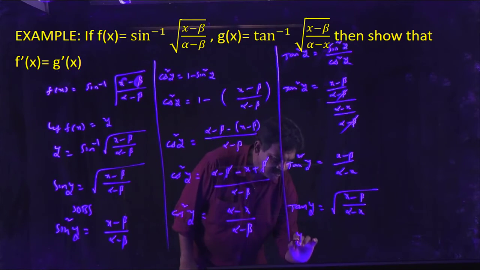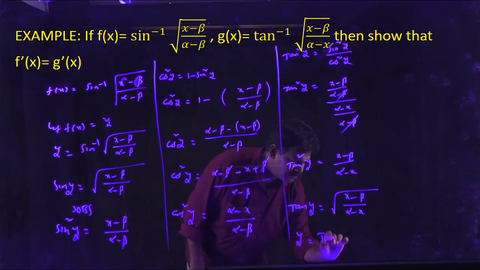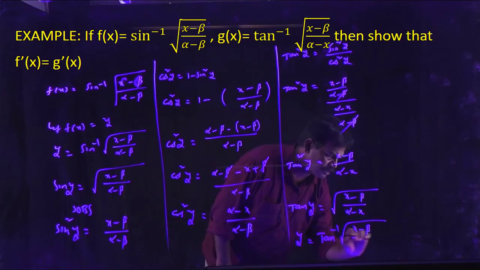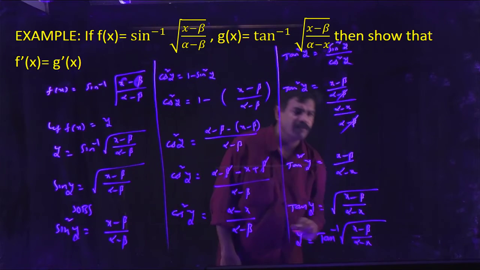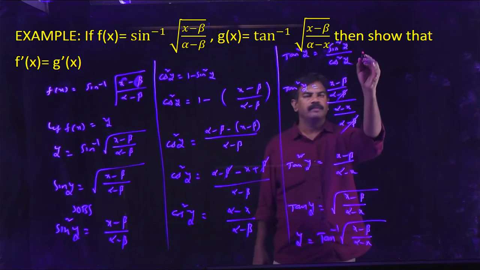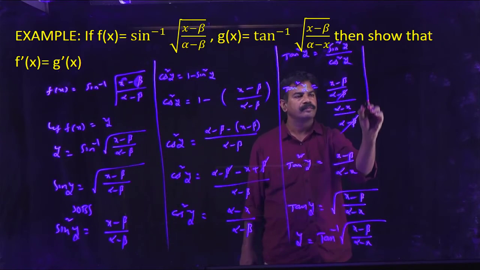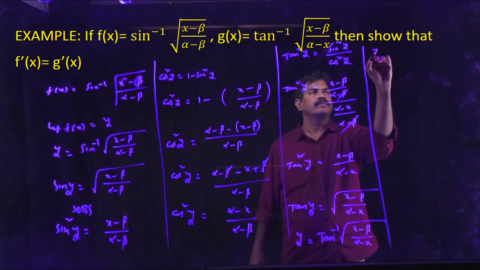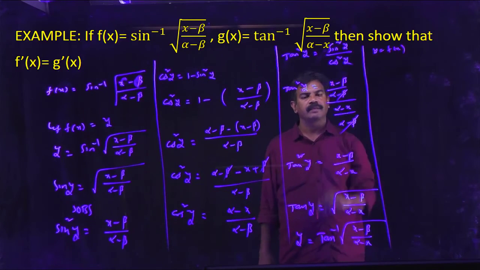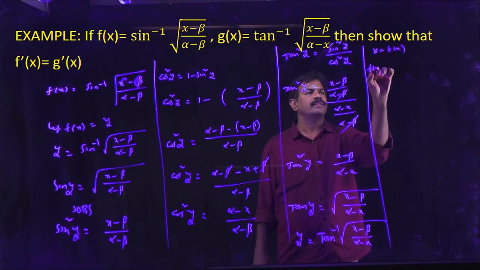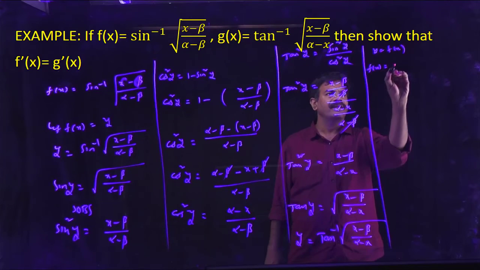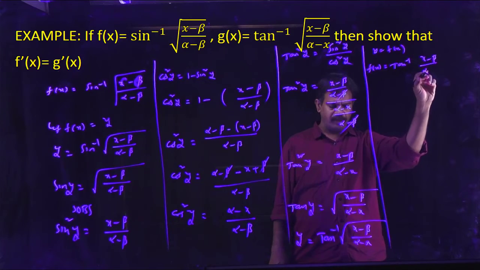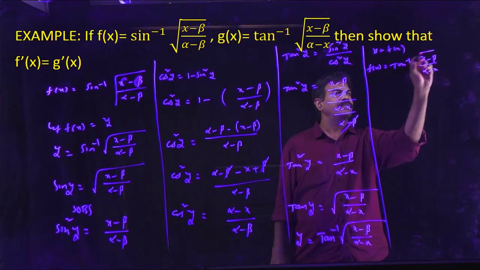Y is equal to tan inverse of root of x minus beta by alpha minus x. We know that y is equal to f of x. That is, we take f of x is equal to tan inverse of root of x minus beta by alpha minus x.